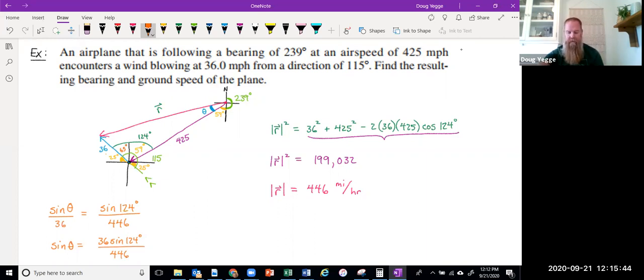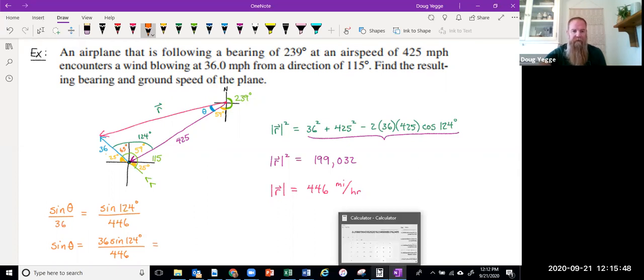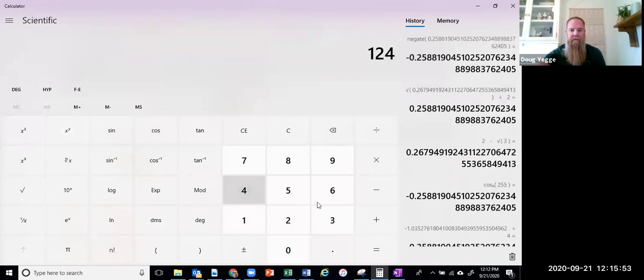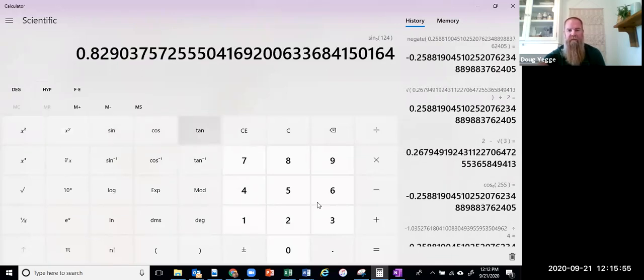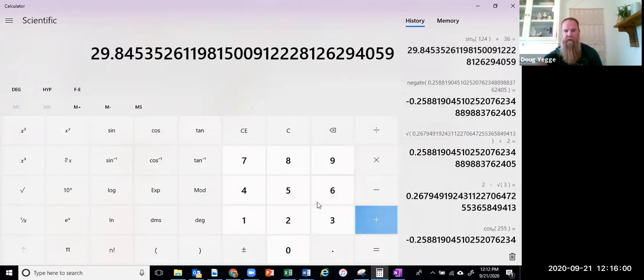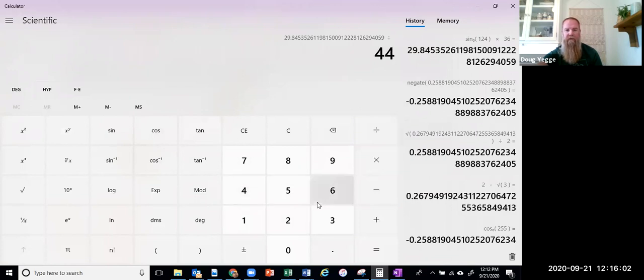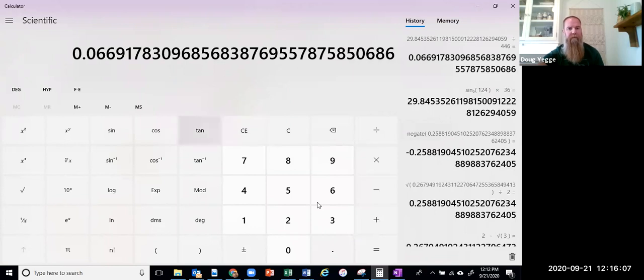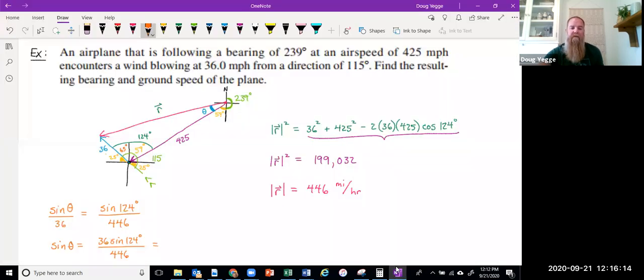Okay. Well, notice that we can work that out on our calculator. So sine, make sure that we're in degrees. So 124, take the sine of that angle, multiply it by 36, divide that by 446, and we get this decimal, 0.0669. So notice that that is sine of the angle.